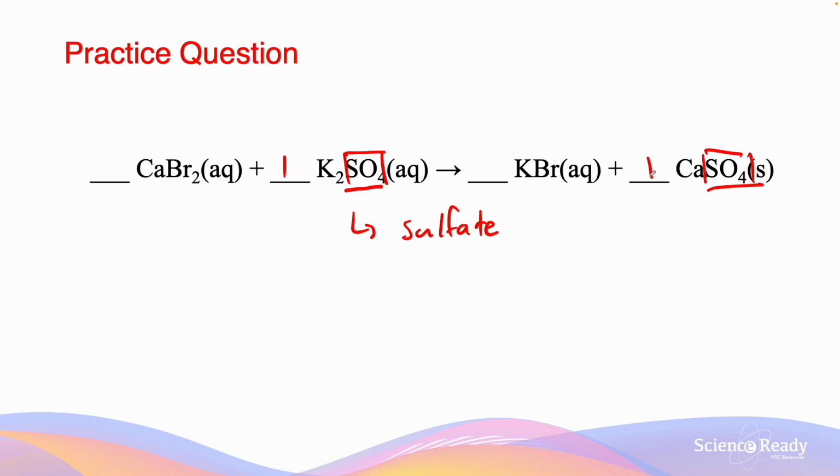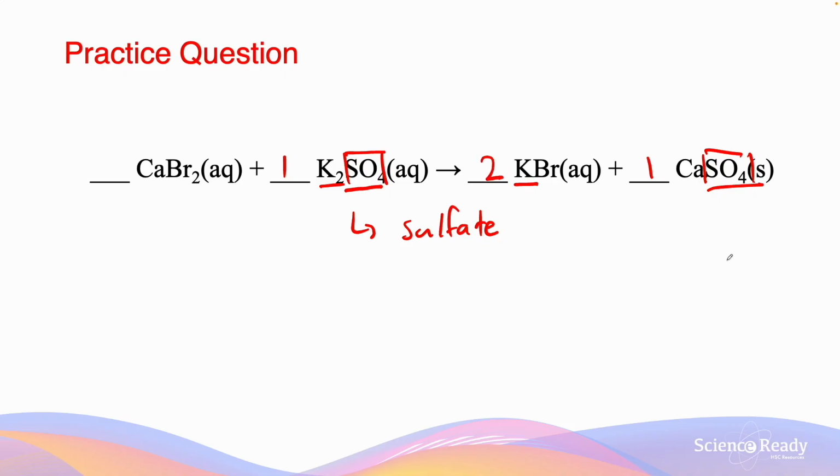Now that the SO4 has been balanced, we need to balance either the calcium or the potassium. If we choose the potassium next, potassium is exclusive to the potassium sulfate and the potassium bromide. That means the ratio of this number to this number must be equal to the K2 to the K, and therefore this number must be equal to 2.